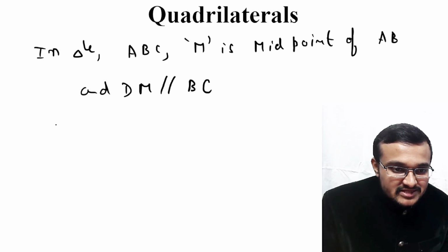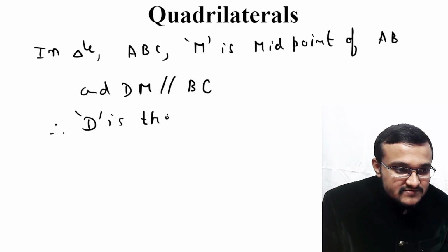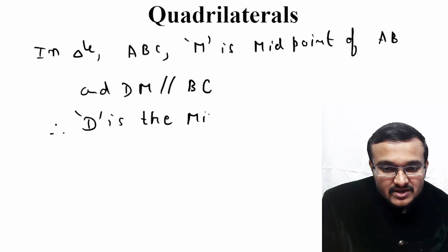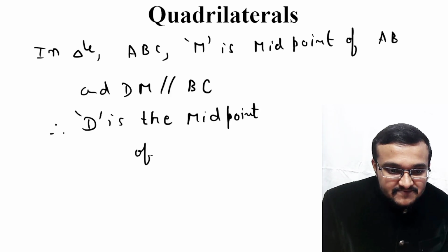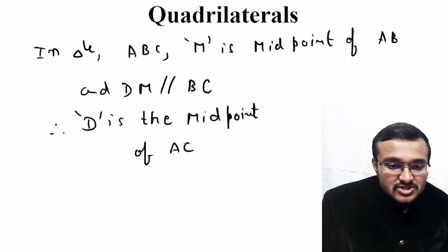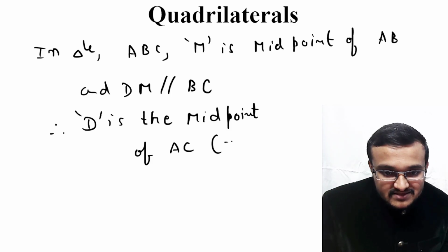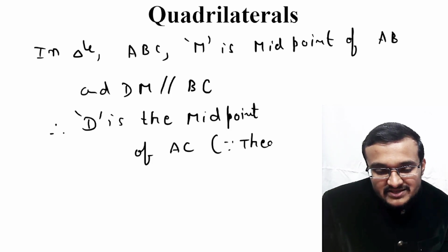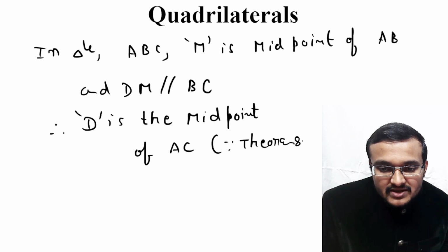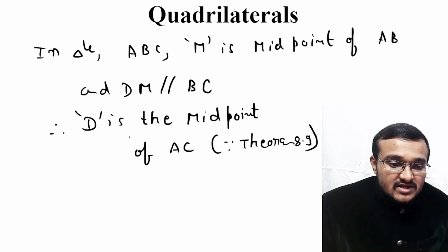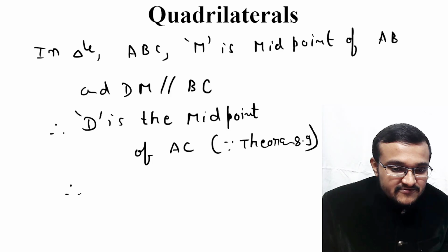Therefore D is the midpoint of AC. So D is the midpoint of AC. This is according to converse of midpoint theorem, that is theorem 8.9. So since D is the midpoint of AC, therefore AD will be equal to DC.